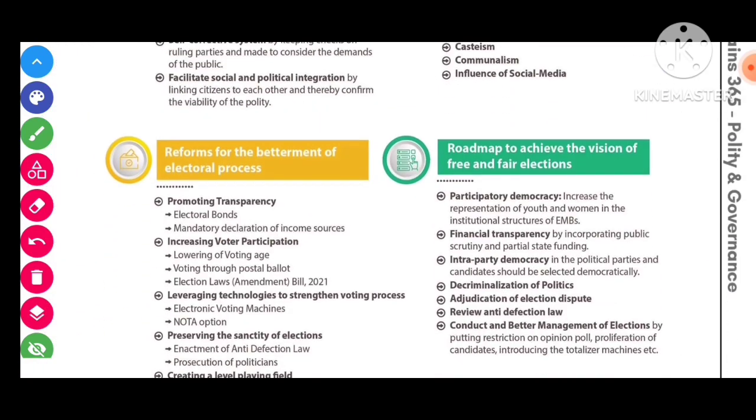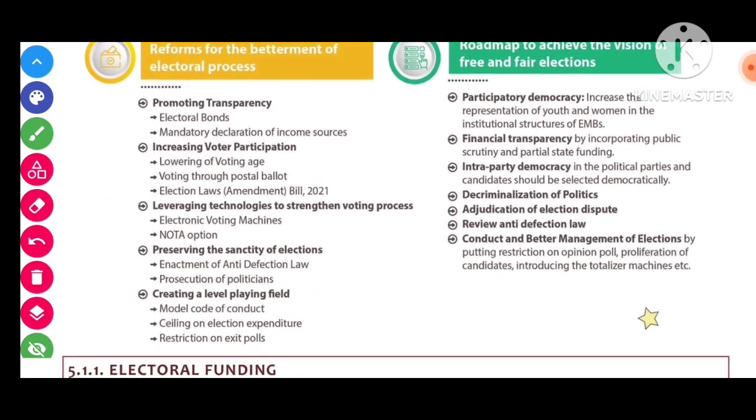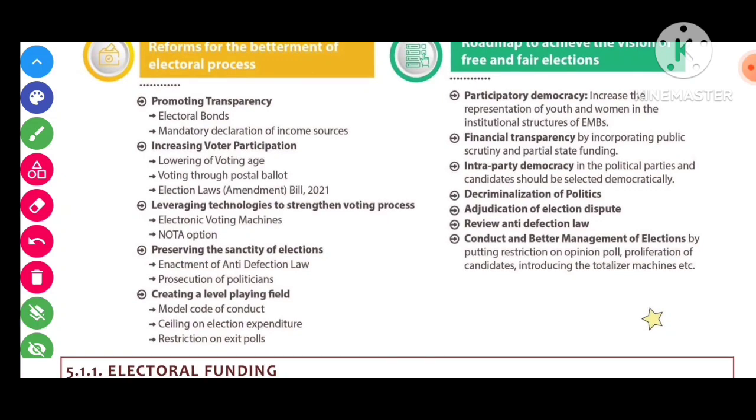So remember these issues. And reforms for the betterment of the electoral process: promoting transparency through accountability and electoral bonds, mandatory declaration of income sources, and increasing voter participation.